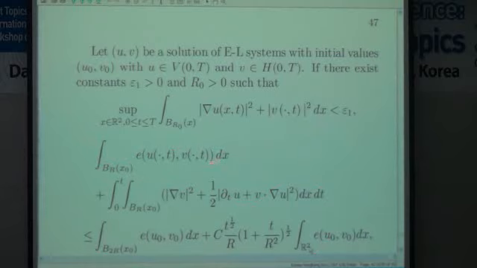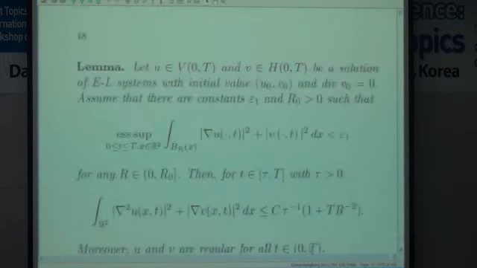The global inequality is true, but the local energy inequality is different. Because this one is not true, you cannot prove the singular time is finite, or that the singular set is finite. So that is the problem.